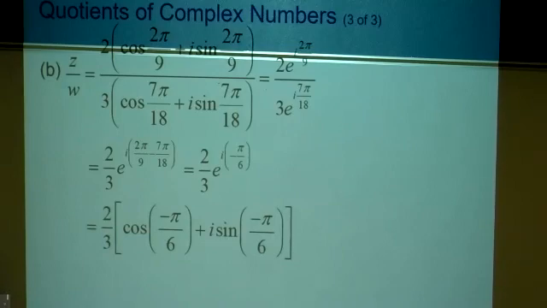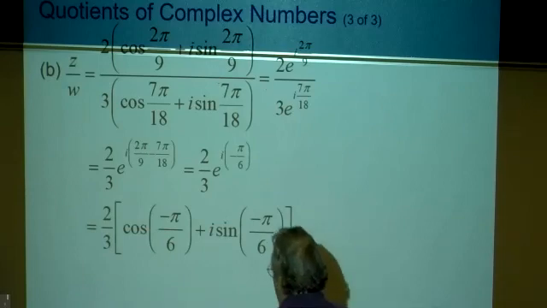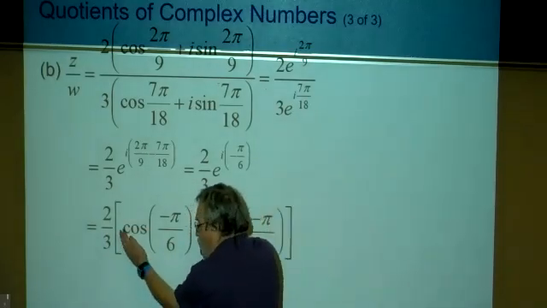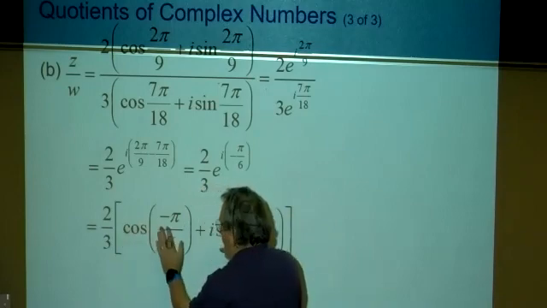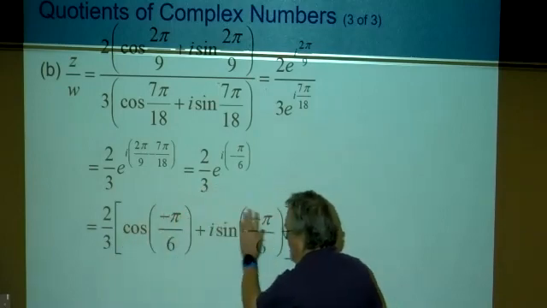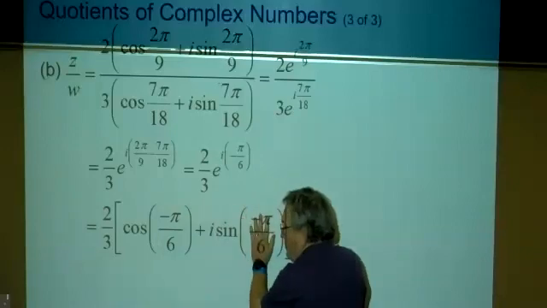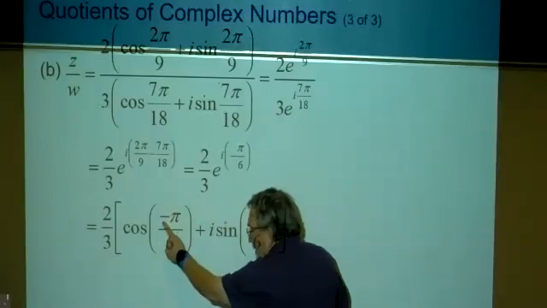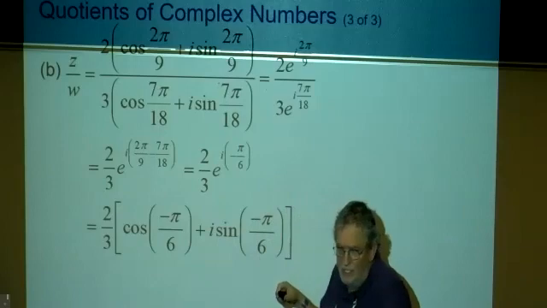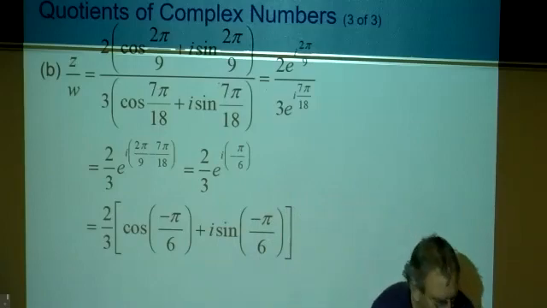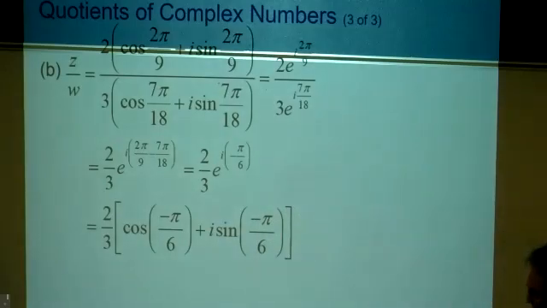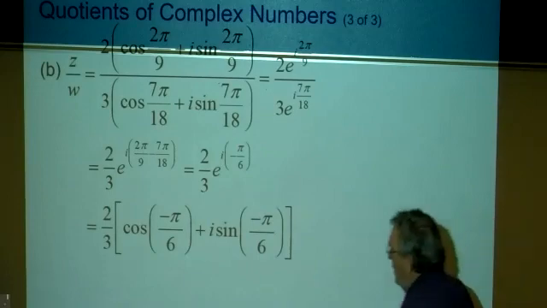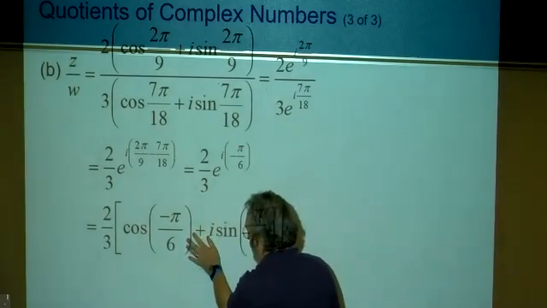Now, cosine of negative pi over 6 and cosine of pi over 6 equal the same value. But because these two angles have to be the same, they left the minus sign there. They didn't use the even nature of cosine to rewrite it, but you could, and then pull this negative sign out.